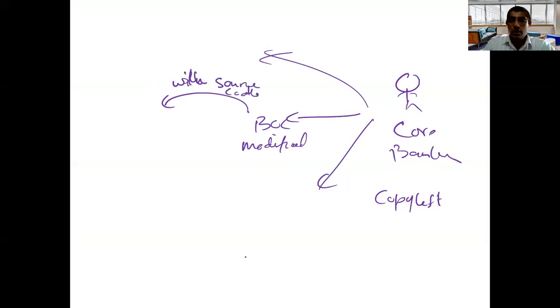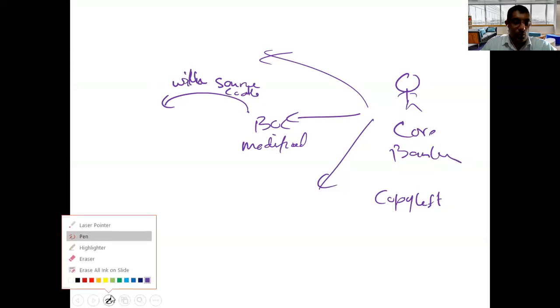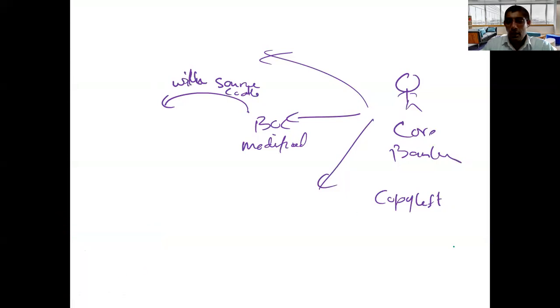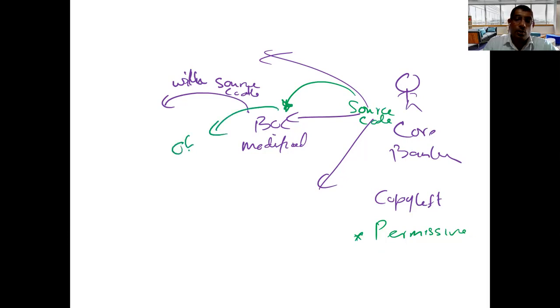If I say no, this software is permissive, then Bank of Ceylon, either with copyleft or permissive, I will be giving the source code. So the source code can be given. But now when the source code comes here, BOC has the advantage to say, no, we are not giving. This is now object code only.